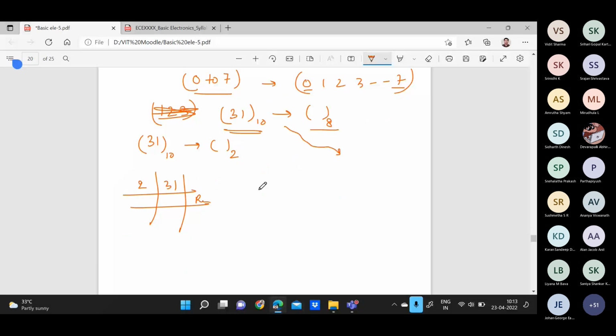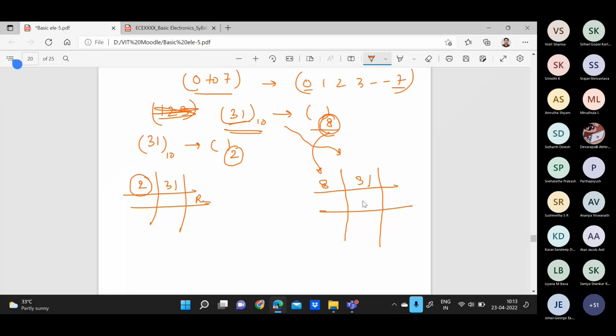Only you have to check the base, right? The base value is very important. Here you were dividing with the base only when we were converting the number into the binary form, right? Here also you have to keep your base very important. That means you have to write down this number 31, and at this place that base value you have to write down here. Again, divide it by 8. You tell me how many times it will go and what will be the remainder. Tell me, anyone?